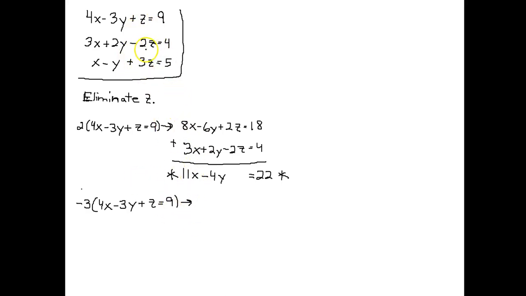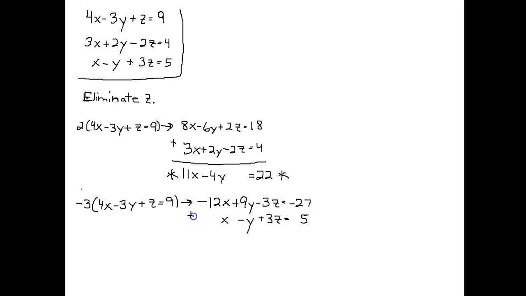Whereas if I pick the second one, I'd have to multiply this one by 3 and that one by 2, which is a little more work. You can do that, it's just I was trying to avoid work. Okay, so I did that, and then that third equation is x minus y plus 3z equals 5.